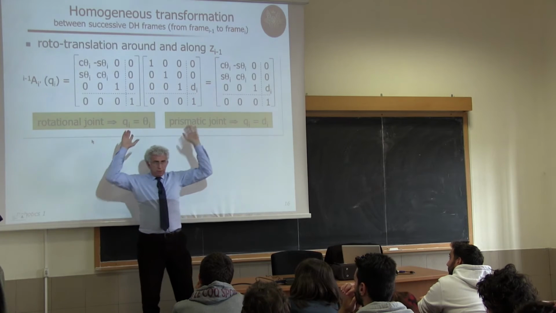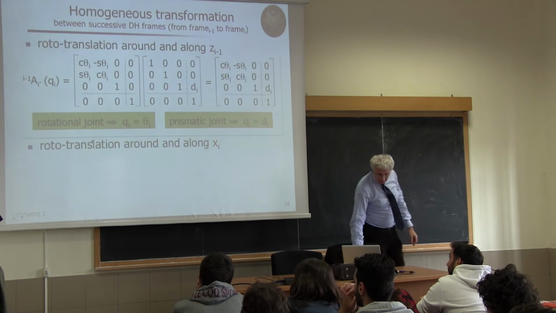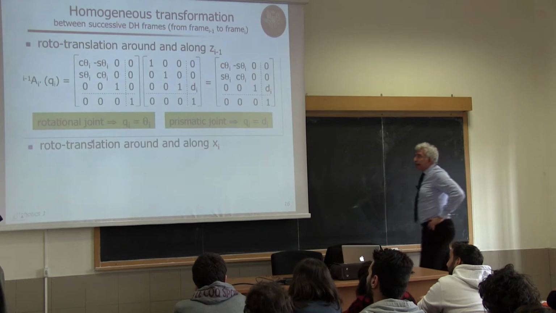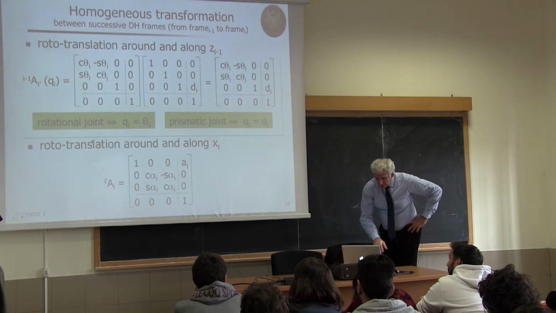So in this first part, we have the joint variable for that particular joint. Now the second combination of elementary operations is a rototranslation, so a rotation and a translation around and along the x_i axis. They have exactly the same form as before.